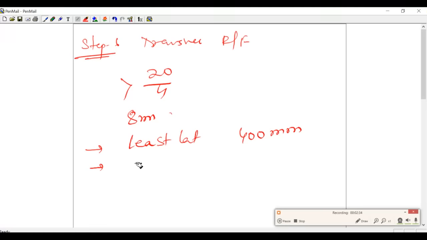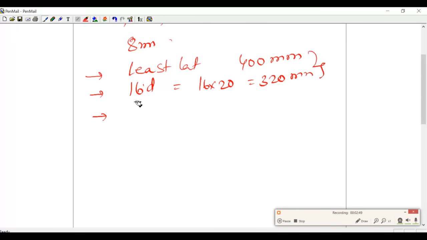Then it should be 16 times the diameter of the longitudinal bar, 16d. We have used a 20 mm dia bar, so it is coming around 320 mm. So it should be the least among these two values, and there is one more condition, it should be less than or equal to 300 mm. So among these three values, the least value is 300 mm.